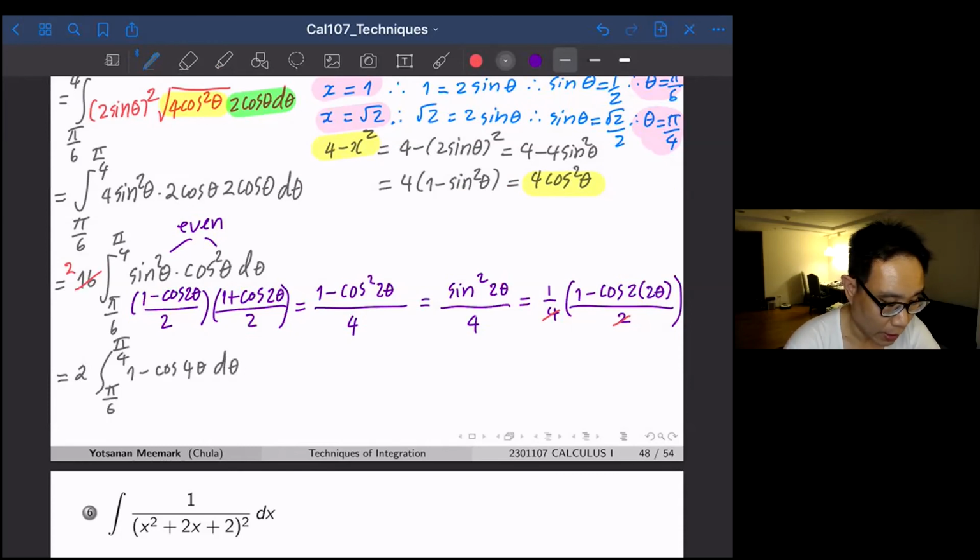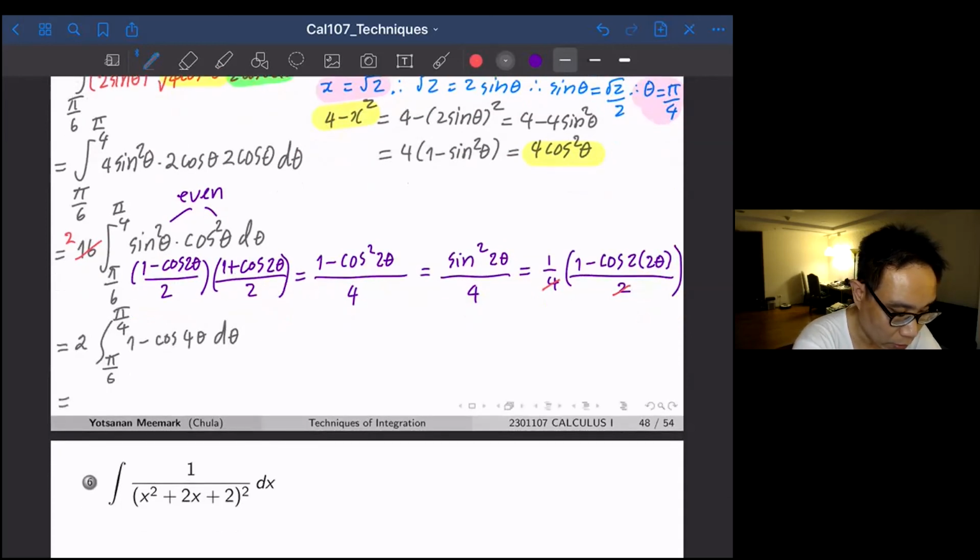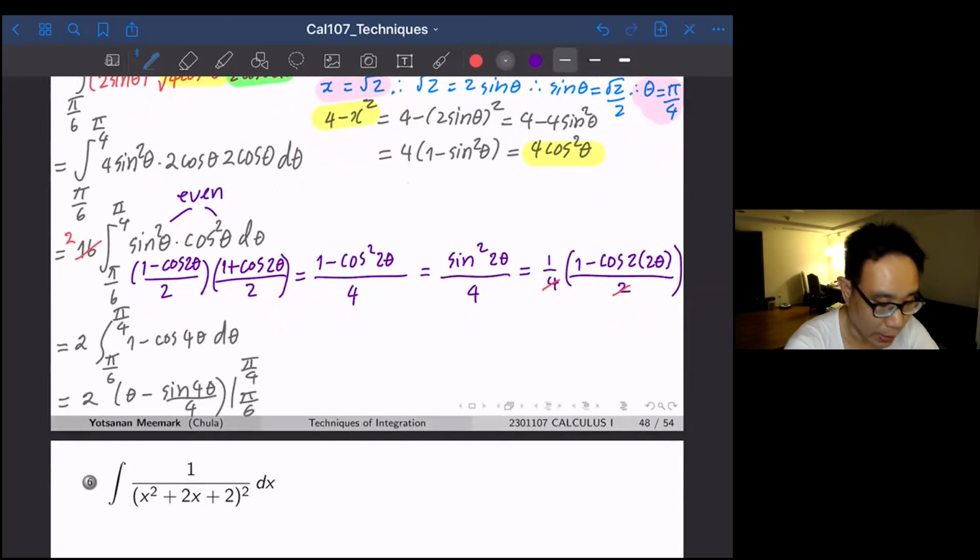And integrating cosine, you get sine. So this will be theta minus sine 4 theta over 4, from pi over 6 to pi over 4.